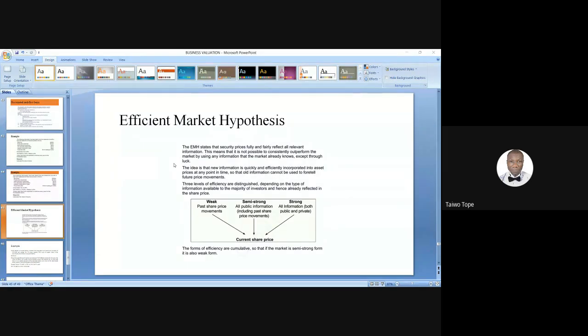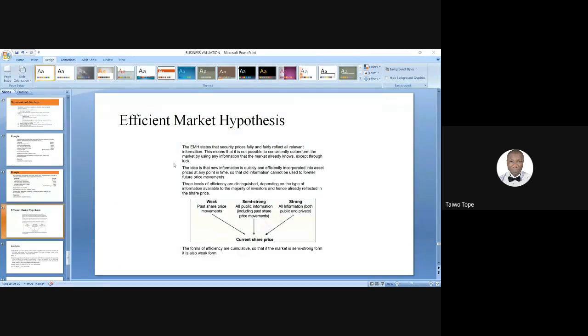So we can have strong form efficiency. In a strongly efficient market, the share price incorporates all information, whether public or private, including information that is yet to be published. Yes, even insider information, insider trading, privileged information that is not yet made known, forms part of the strong form of efficiency.